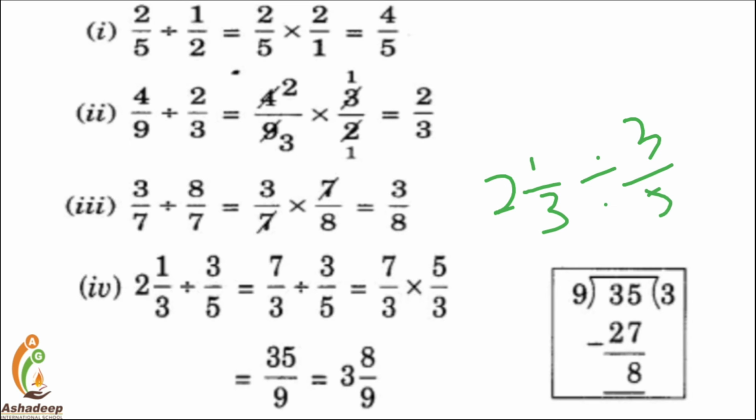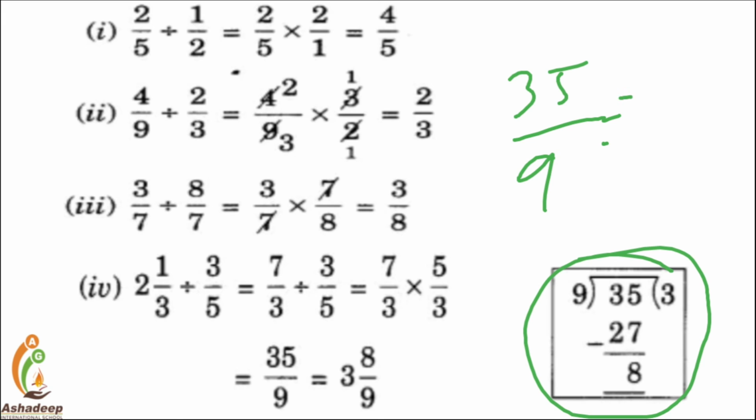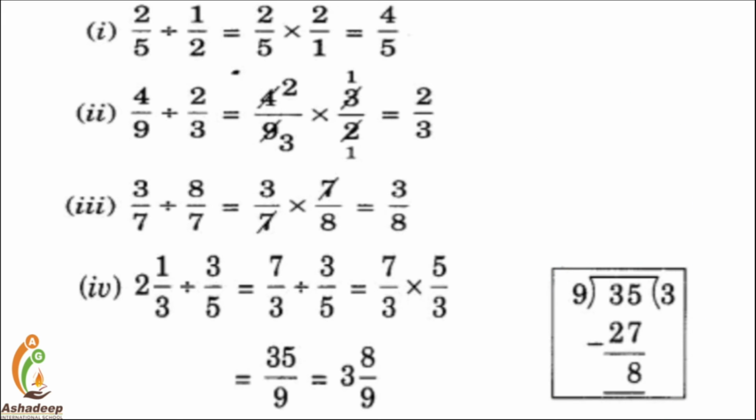So 2 3s are 6, 6 plus 1, 7. 7 upon 3 into 5 upon 3. So 7 5s are 35, 35 upon 9. Now let's divide 35 by 9. So we will get 3 8 upon 9. Clear?